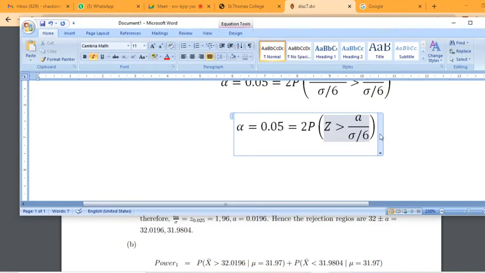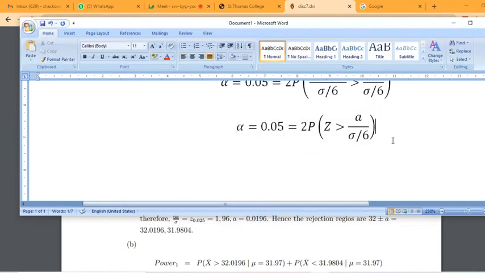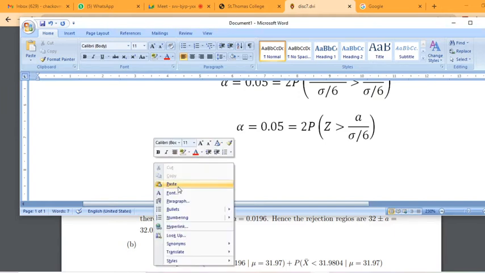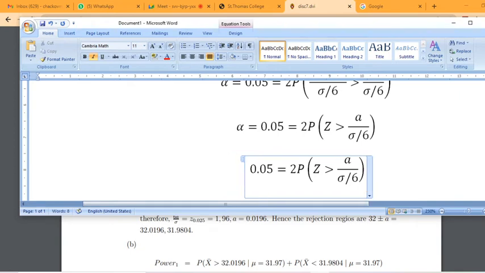And from this, what will be the next step? We can remove this and bring this 2 to this side, so this will be 0.025.